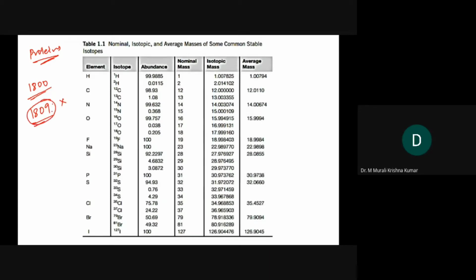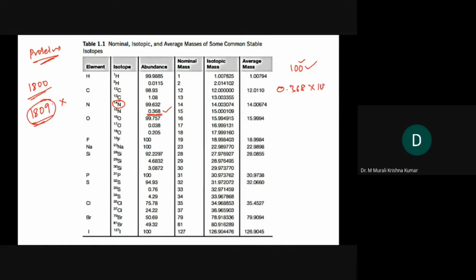When you are increasing the number of atoms, let's say you take nitrogen, how much is the percentage of N15? In 100 elements, we can have 0.368. Let's say you have 100 nitrogens in your compound, because it's a very big protein. Let's presume that it has 100 nitrogens. Then how much will be the contribution of N15?